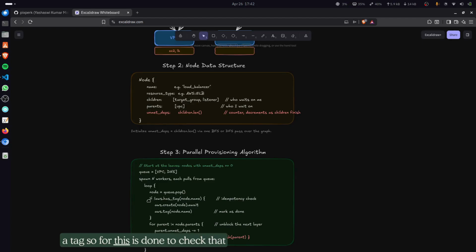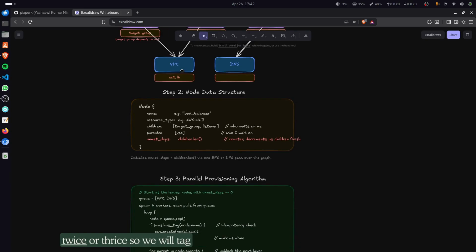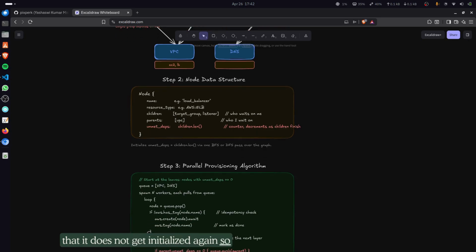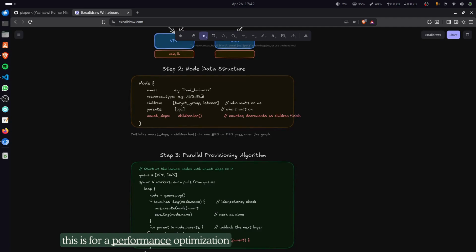This is done to check that these don't get spun up again. So we will ensure that our whole system is idempotent. We don't want to spin up VPC twice or thrice.